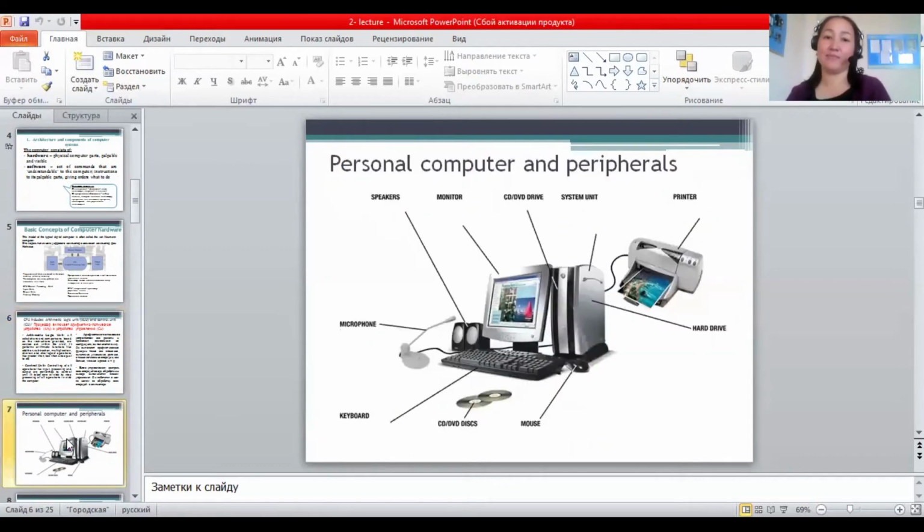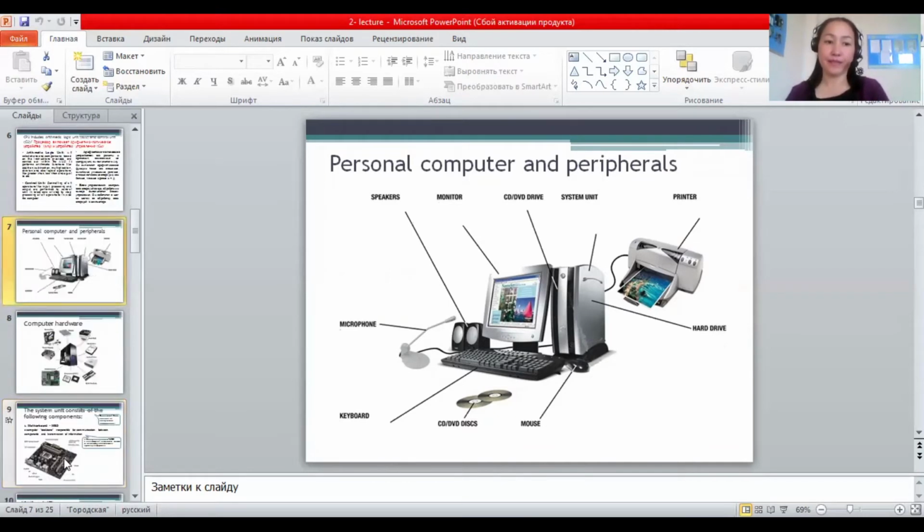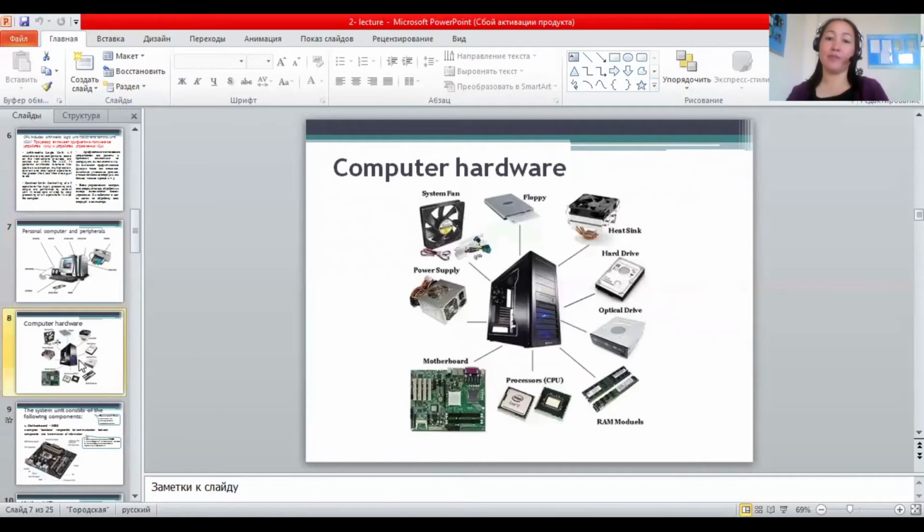Under the second lesson, personal computer and the peripherals: speaker, monitor, CD, system unit, printer, hard drive, microphone, keyboard, mouse. These are all devices of our personal computer, or PC. And the second lesson, computer hardware. Hardware: system fan, floppy, hard drive, RAM modules, processor, motherboard.